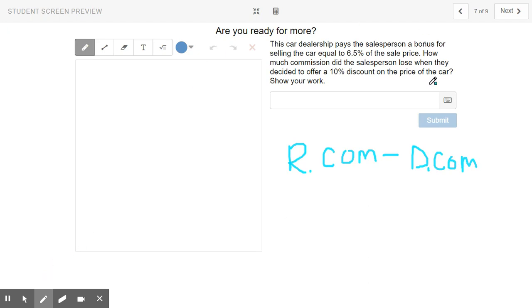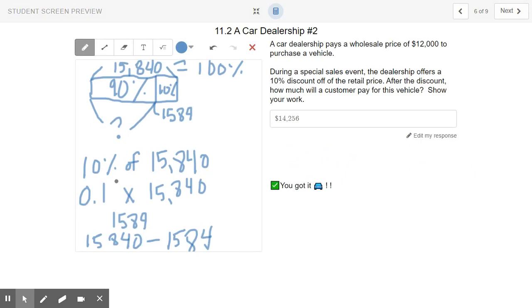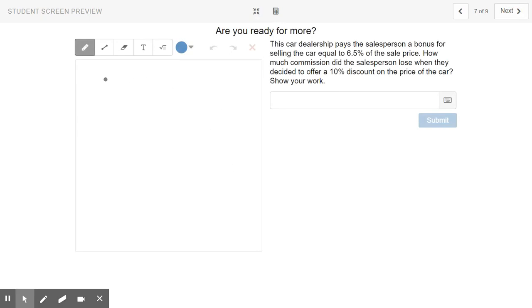Obviously the higher the price that they sell the car for, the more commission they make if it's a percentage. So, let's go back. We know the retail price of the car is $15,840, right? We know this salesperson is getting 6.5% of that, and that is their commission.